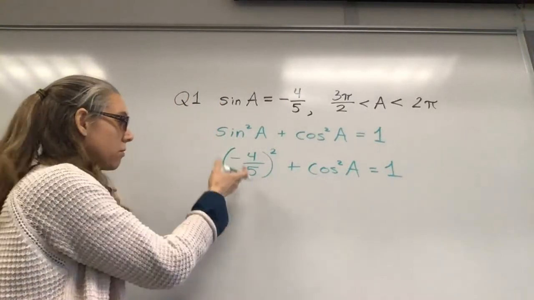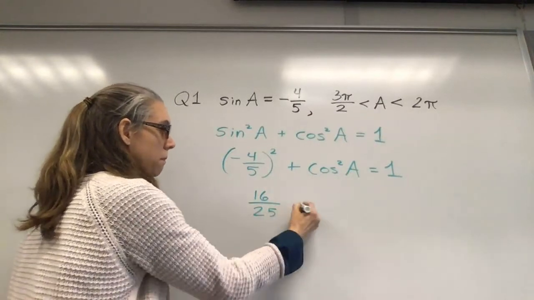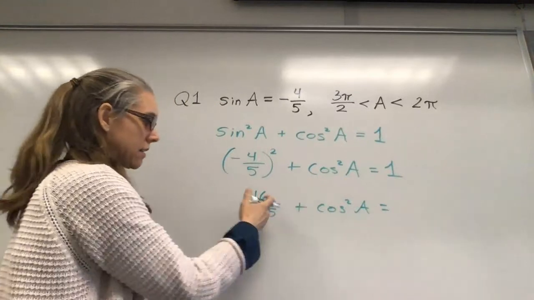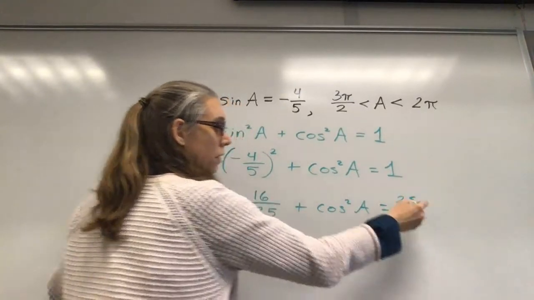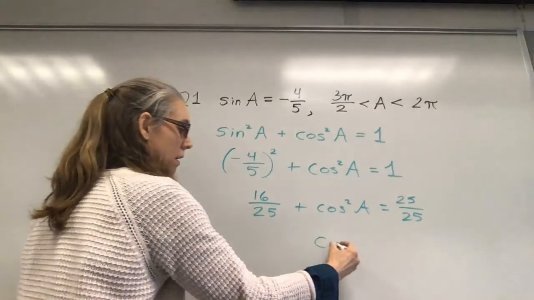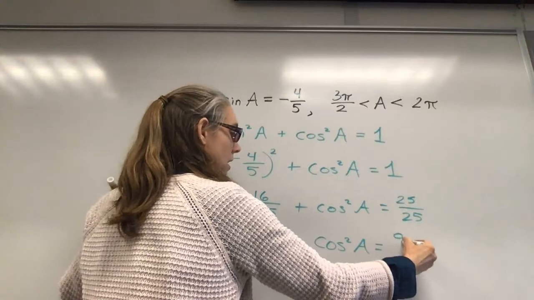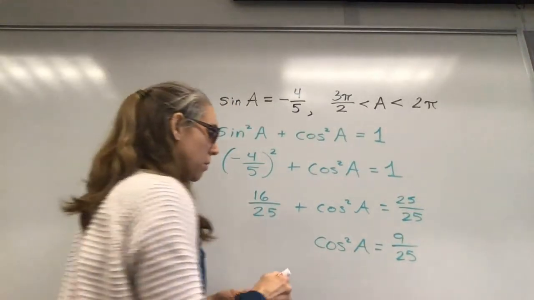Of course, negative 4/5 squared is 16 over 25. We're subtracting 16 over 25 from 25 over 25, which is 1, giving us cosine squared A is equal to 9 over 25. Now we take the square root of both sides.